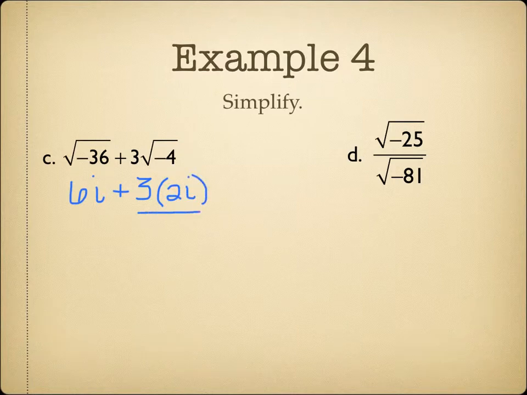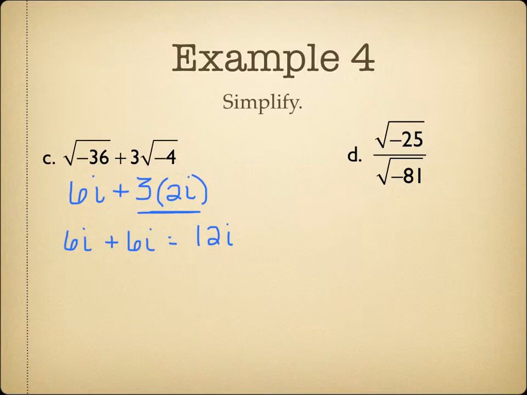Now look at this right here. 3 times 2i. What does that equal? 6i. So this is really 6i plus 6i, which is 12i. Would that become an i squared on that one? No, because you're not multiplying. i squareds only come up when you're multiplying.